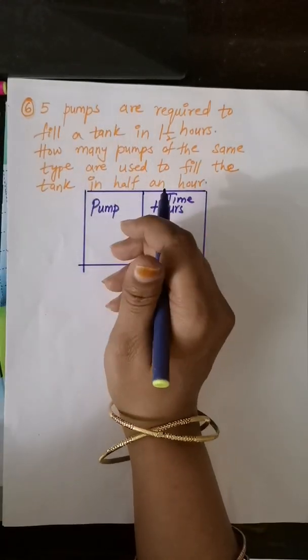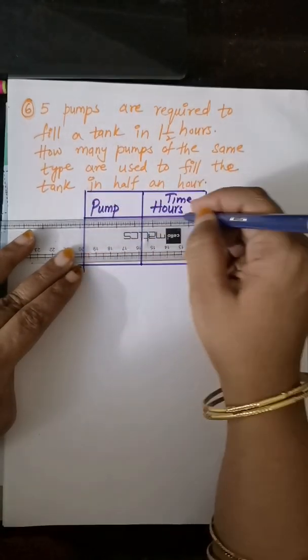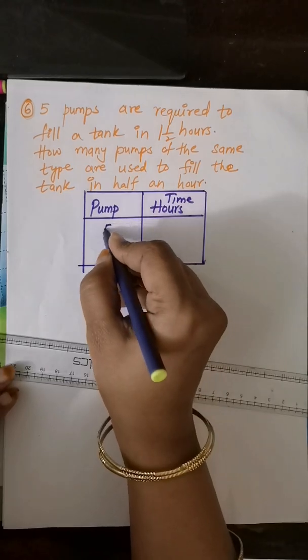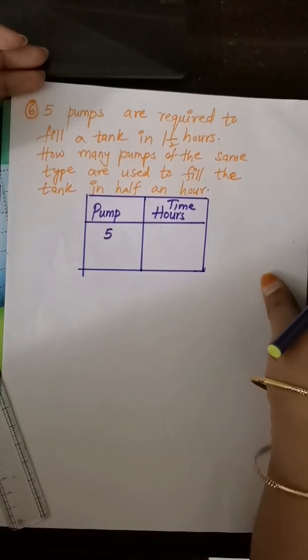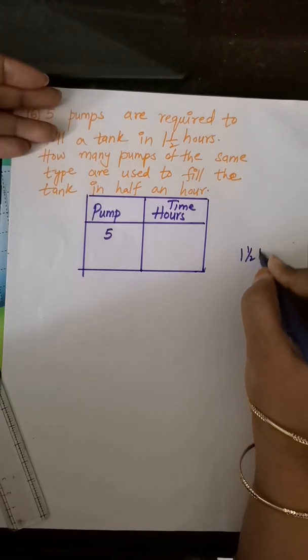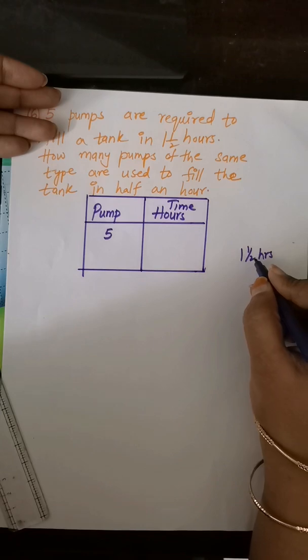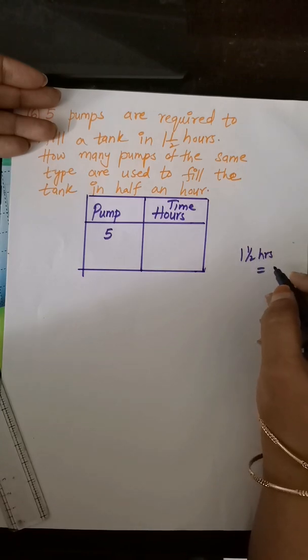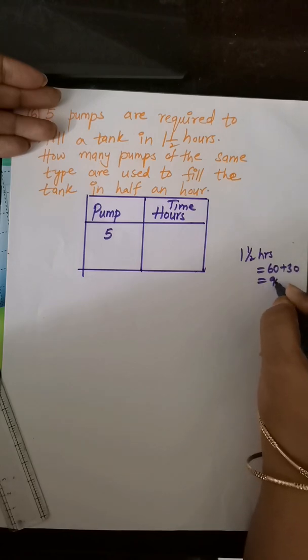5 pumps are used to fill the tank in 1.5 hours. 1.5 hours means how many minutes, children? 1.5 hours means 1 hour, 60 minutes, plus half an hour, 60 plus 30, that is 90 minutes.